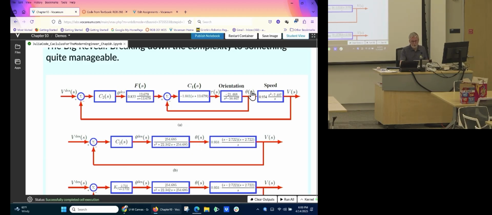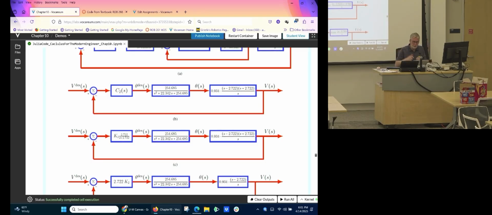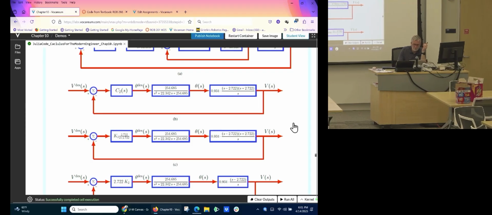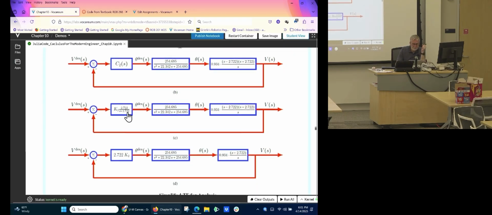This looks terrifying because it has 2 loops in it. It's called an inner loop, outer loop feedback control. But we can design it simply by viewing it as a standard unity feedback. And I'm giving you the structure of C2 of S that you would learn in EECS 460.